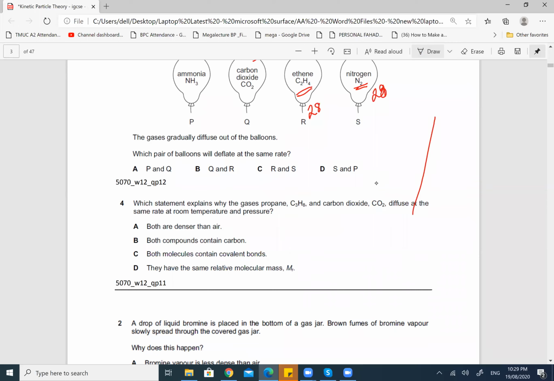Next one is: which statement explains why the gases, propane and carbon dioxide, diffuse at the same rate? Because they have the same relative molecular mass.